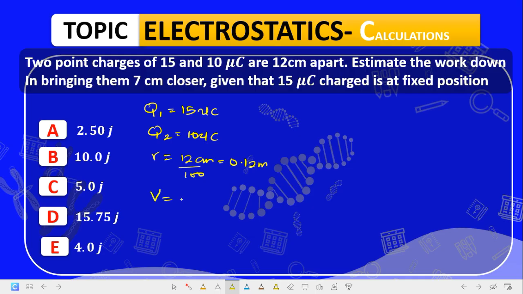Now that will give us V is equal to K Q1 Q2 all over R. That is the formula for two charges.